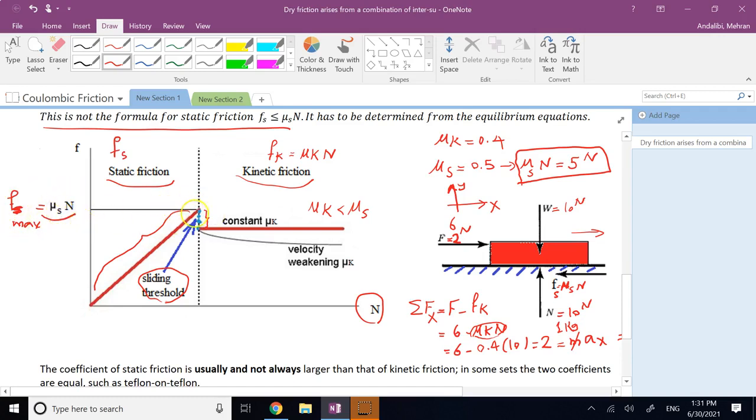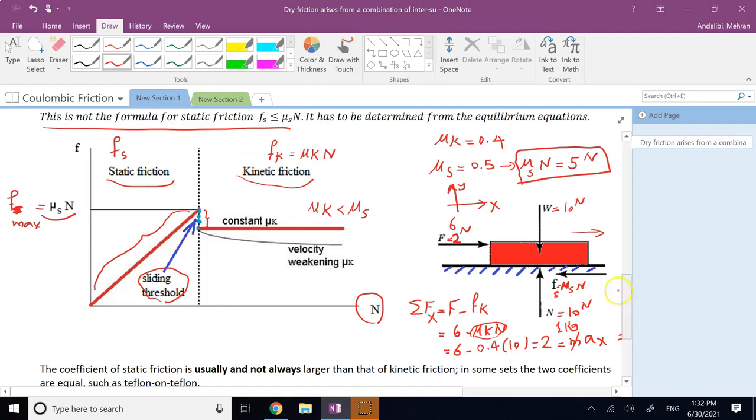We call it traction, and it only happens when the object is about to slide. Please keep those in mind, as I have seen over and over in my classes that some students make mistakes, and anytime the object is static, they say the friction is mu s times N. No, unless it says the object is about to slide, mu s times N is not going to be used.